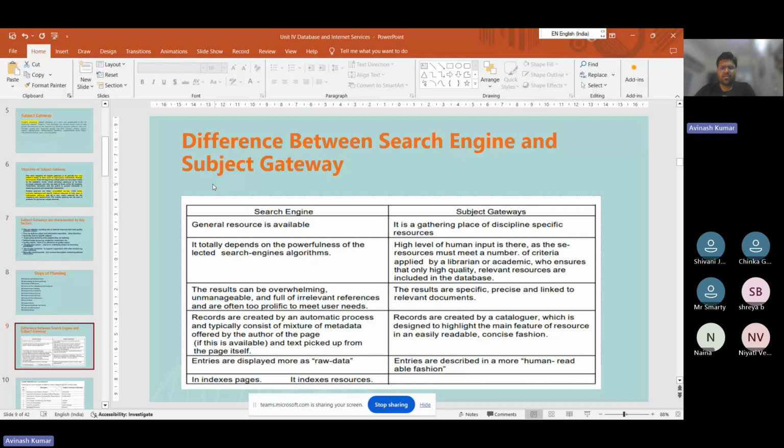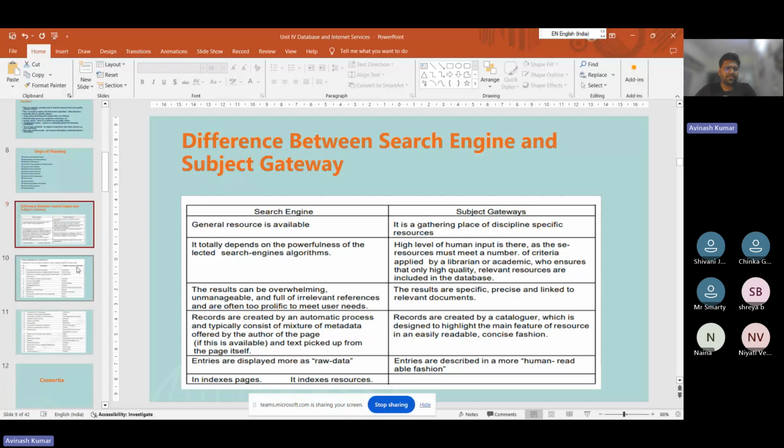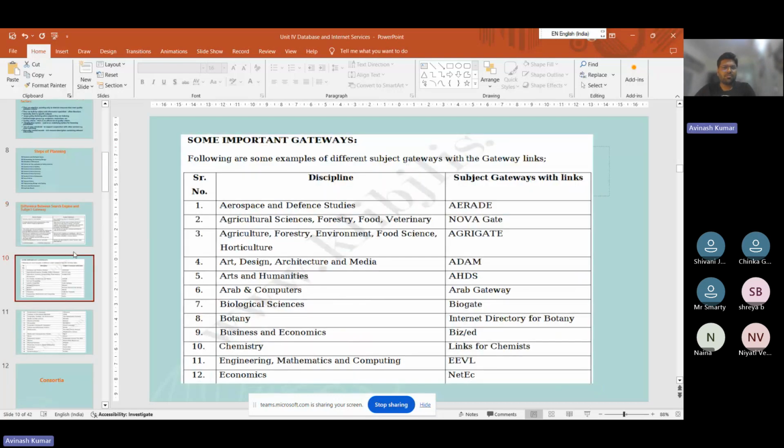I will not try to cover all the information, and I will not discuss everything. You can find all of it yourself. So, some important gateways. What are the important gateways?